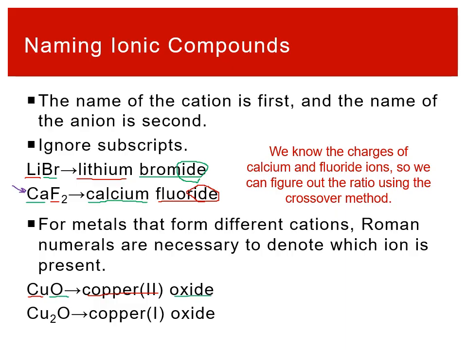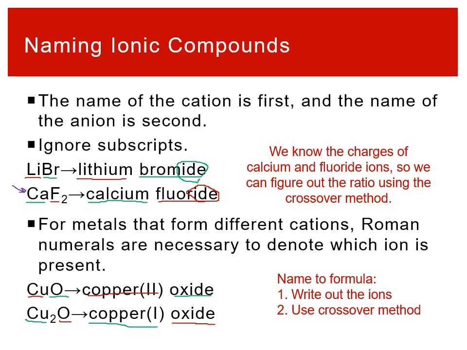Similarly, this is copper 1, and the O is still the oxide. When we have the name and want to turn it into the formula, we just write out the ions and then use the crossover method. If I have copper 2 oxide, I know that's going to be Cu 2 plus and, using the periodic table, O 2 minus. Then I can do the crossover method, do any cancellation or simplification, and get everything situated.